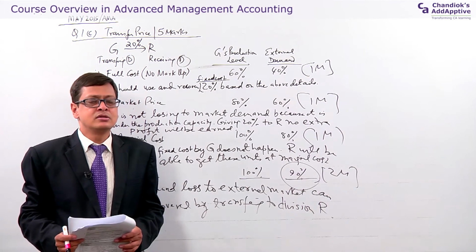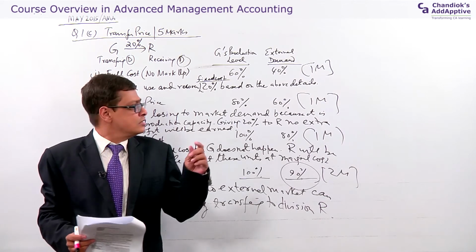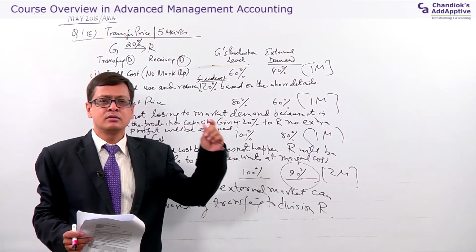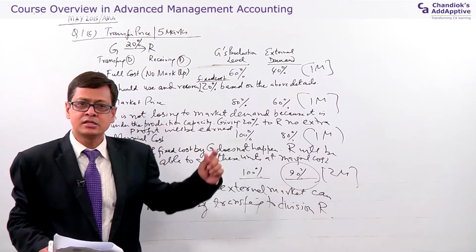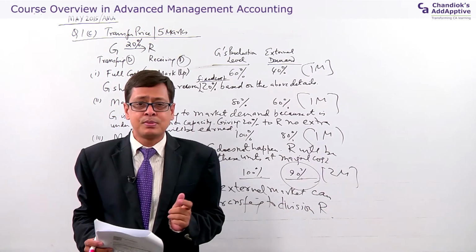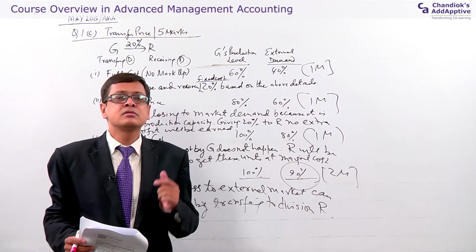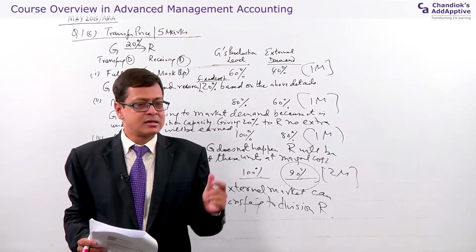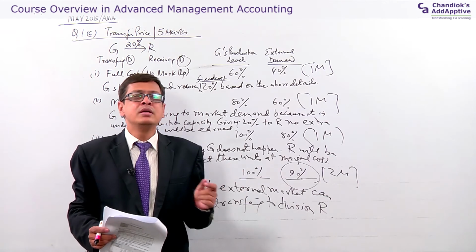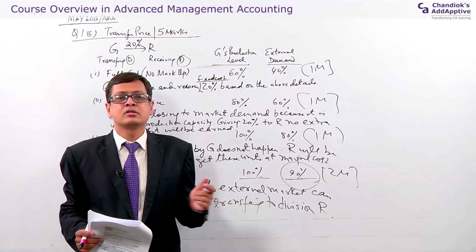Accordingly, you must present your answer. The answer should be brief, to the point. There is no need to give much explanation because you are an expert and you must write the technical language. You must write using the technical words. This is going to be a success creator for the question.